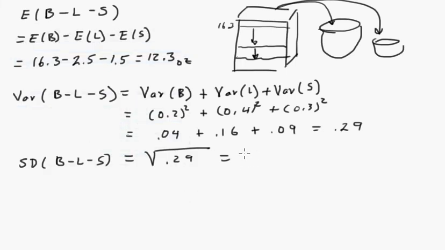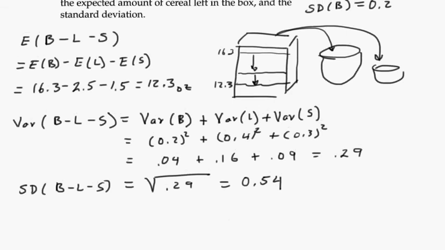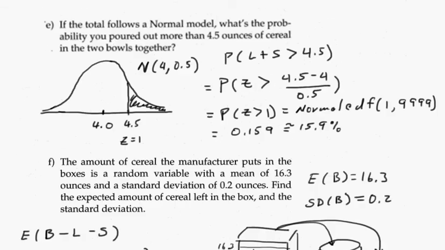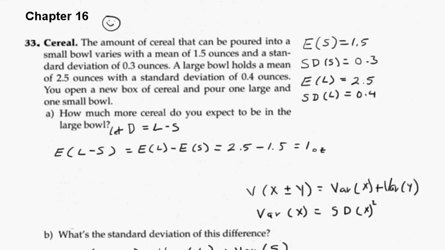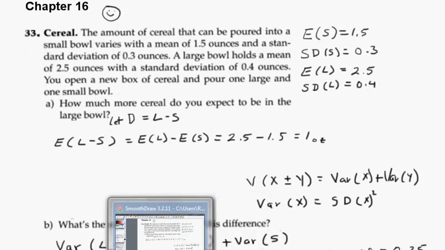That's right. So 0.54. Okay, so what's left in the box we expect to be at 12.3 ounces, but there's a lot of variability contributing to that number. Okay, so that's how you do these problems. It's quite a bit of stuff, but this is one of the better problems. If you can do this one, you're probably in good shape.